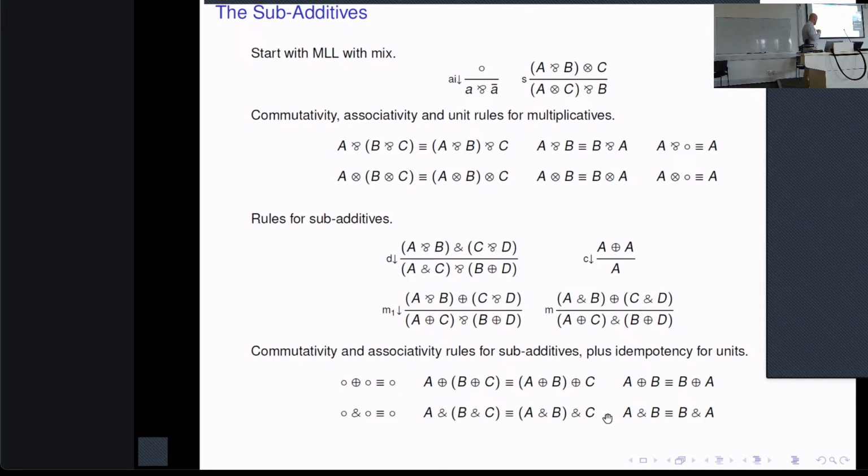Okay. What else do we have here? Well, there are some rules which we need, which are unavoidable. So the first one we can see here, this one D, and don't ask me what D means, I've forgotten completely. But this is a rule that you will see for relating basically every kind of operator. I think there's something to do with functoriality. We describe this way, but basically, if you take with and plus, these are dual to each other, this is an and and an or.